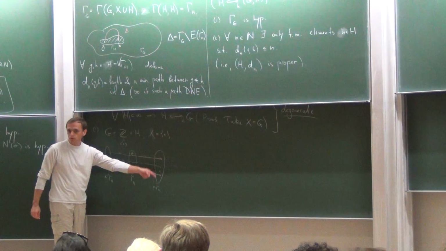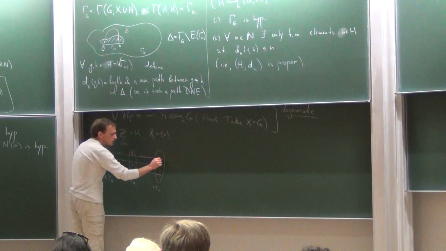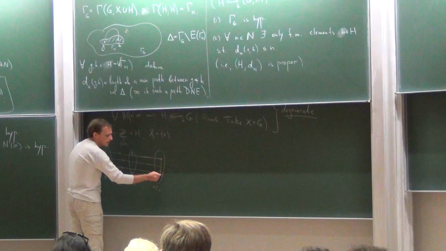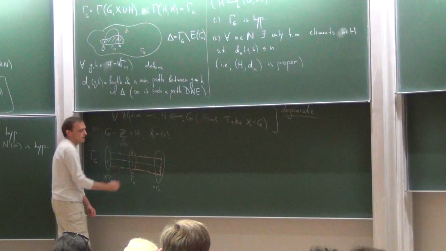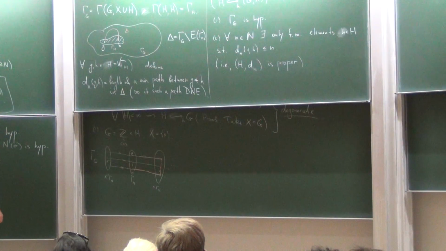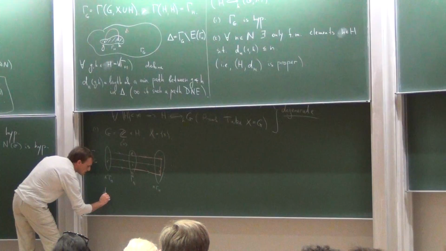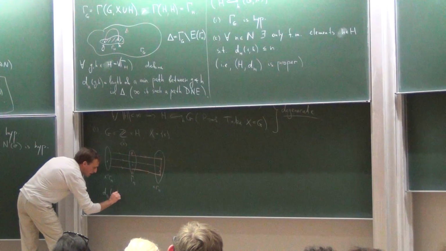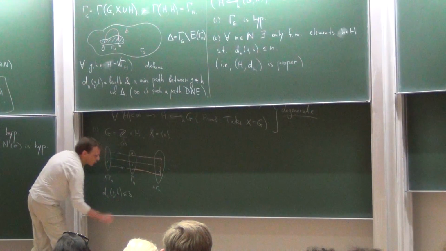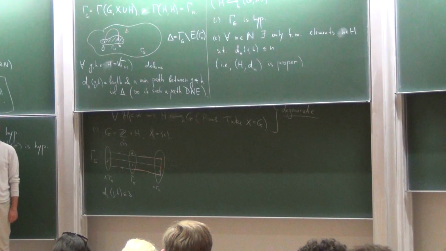In this coset, every two vertices are still connected by an edge. So I go here, I go back. So what is the distance between G and H? The distance between G and H is at most 3 for every G and H.